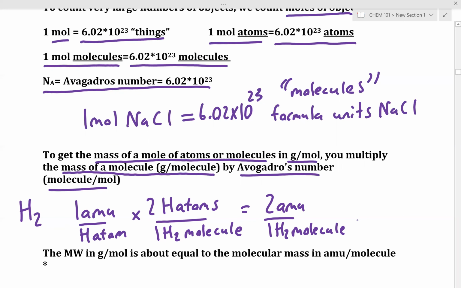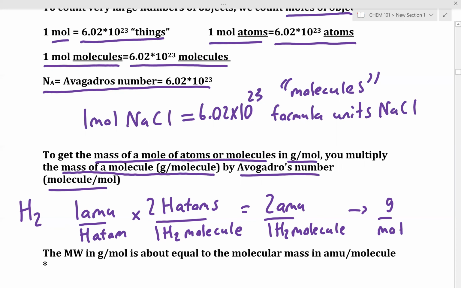Now, we're going to convert AMU per molecule into gram per mole.